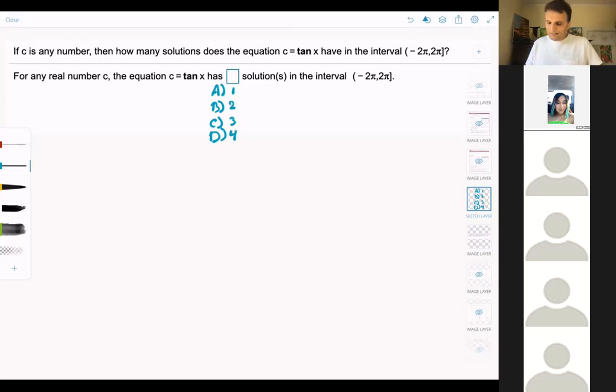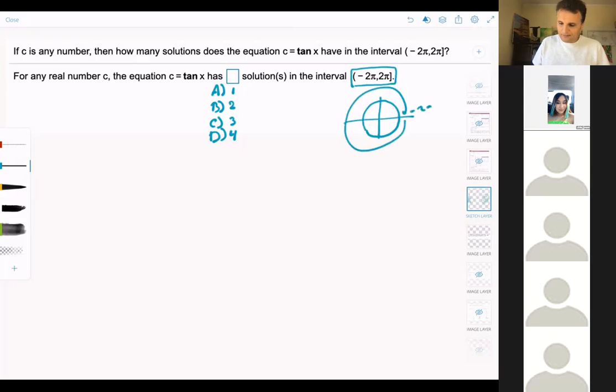So how do we solve this type of question? The look is totally different, but we have from negative 2 pi to 2 pi. We don't want to go to the unit circle to find negative 2 pi and then go to positive 2 pi, because we cannot visualize it.